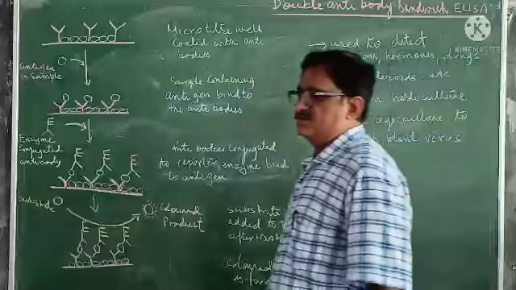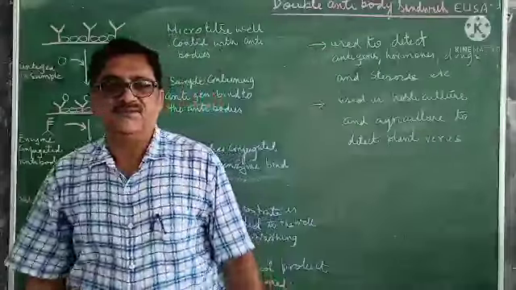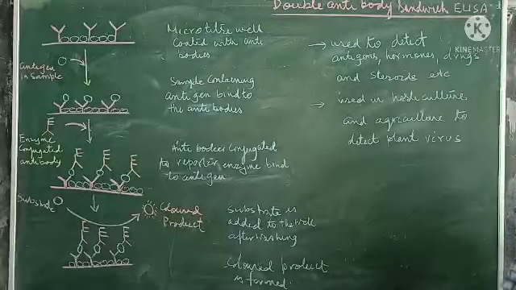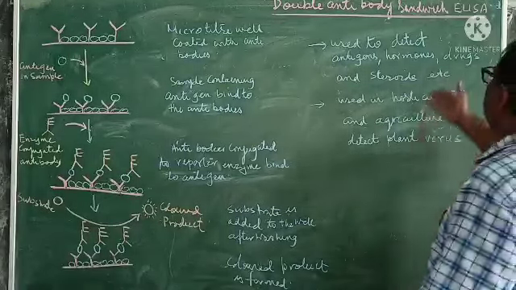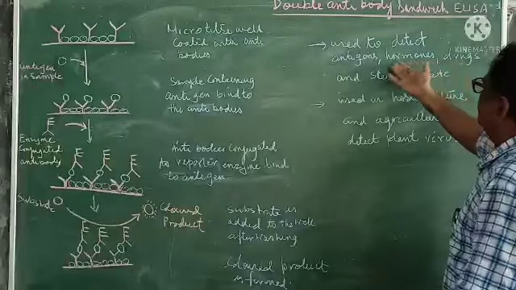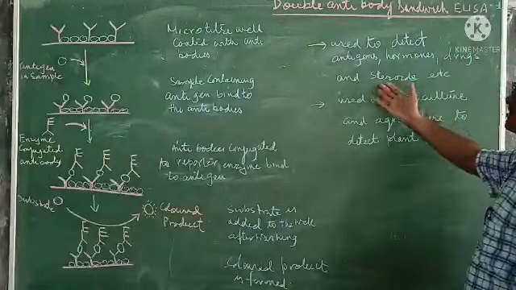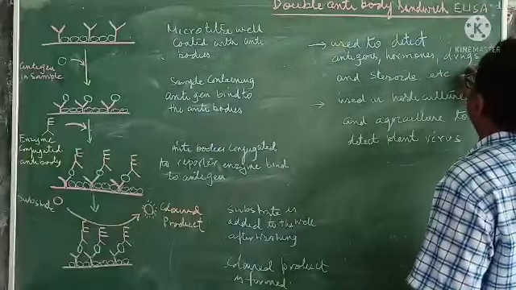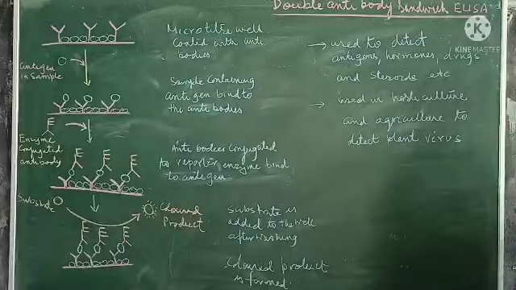That means it is used to detect viruses, plant as well as animal viruses, and hormones and steroids. It is very much used in the detection of hormones and steroids, and also for the detection of drugs.